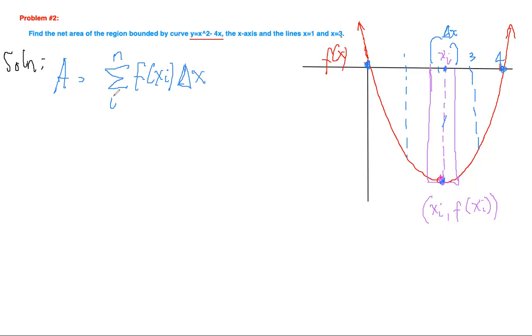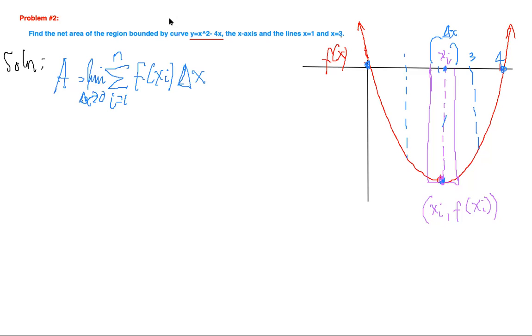So that's the summation of f of x sub i times change of x, from 1 to n. Once we take its limit, where change of x approaches 0, we accurately get the area of the shaded region.